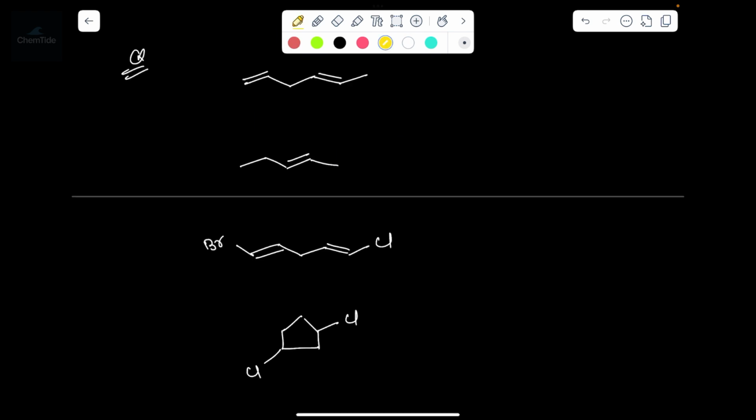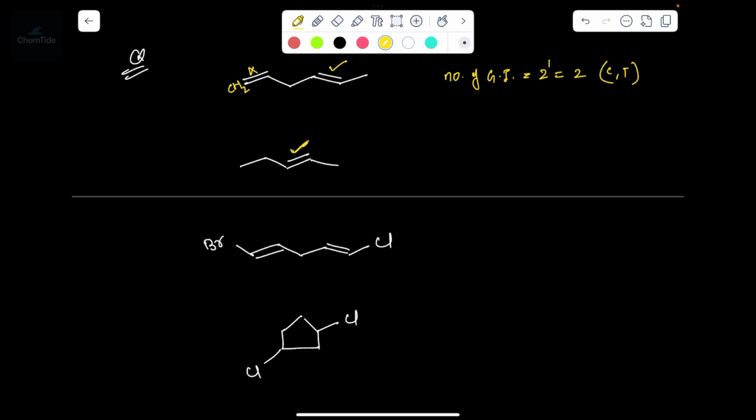Now in this question we have to identify the number of geometrical isomers. So for the number of geometrical isomers, we have a formula. Here first check which double bond is showing the GI. So this double bond has the same substituent, so this double bond is not showing GI, but this will show because of the different substituent. So we have 2 to the power 1, means 2, one cis and the other trans is possible.